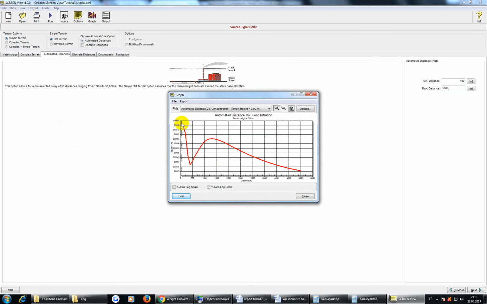This is a graph of concentration in micrograms per cubic meter. You see how it changes? I don't know what graph you will get. I have this one. It depends on your own data. So please describe it.